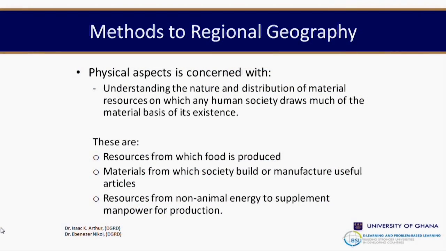We could also have materials which society builds on or manufactures useful articles from. The shirts that we are wearing are taken from cotton, which is processed. There are also resources from non-animal energy to supplement manpower in production, right?